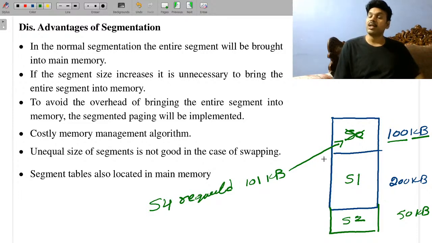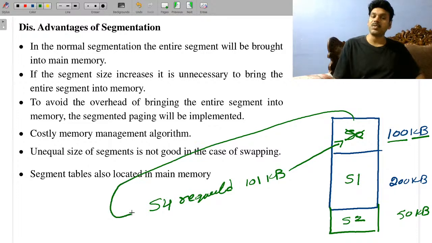It is not that easy to swap out your particular blocks from there. For example, I am suspending this S0. You think in that way also. If I suspend S0, I want to keep S4 there. It is not possible. I am able to suspend S0, but I am unable to place the required memory, because it is 100 kb only.